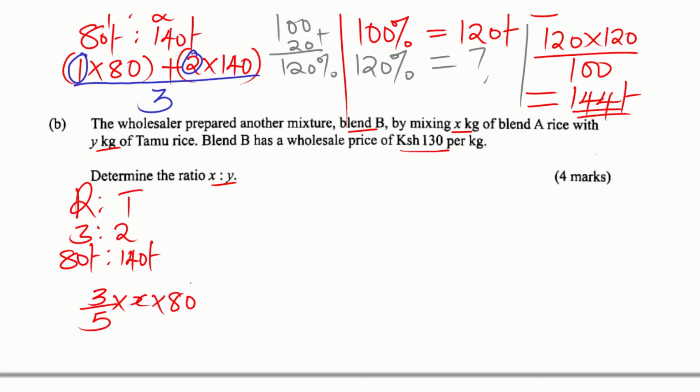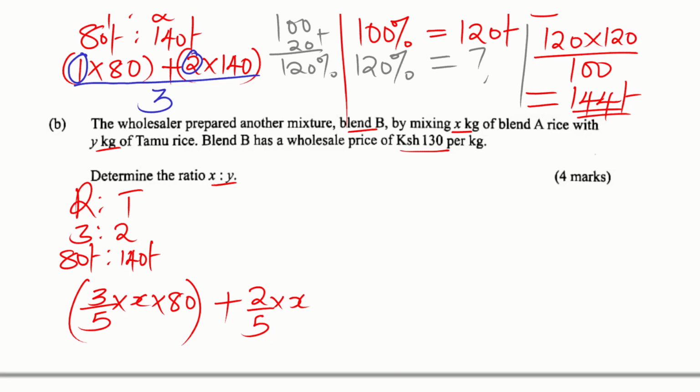So this will give the cost of refu. Then we add now tamu. Tamu is 2/5, then multiply by X, because remember this blend B is made by mixing X kg of blend A rice, and blend A contains two types of rice, that is refu and tamu.